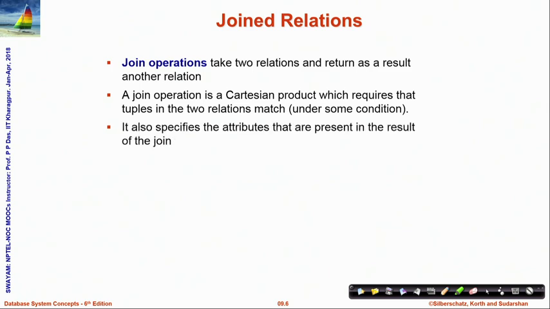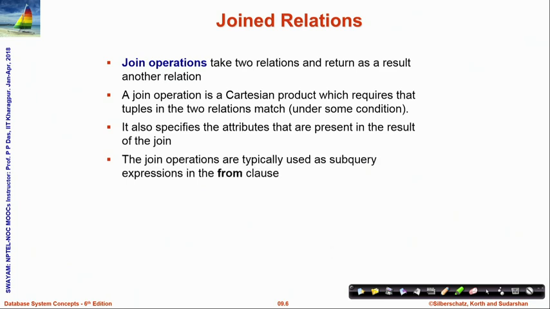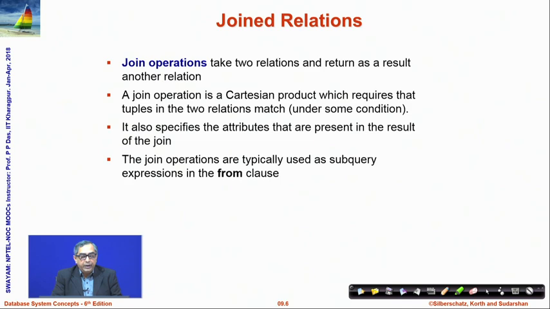It also specifies which tuples will be present in the output after the joining has been done. A join operation is typically used as a subquery in the from clause. We will see those uses later.